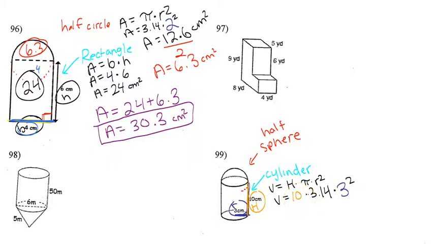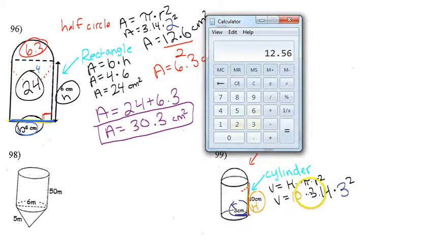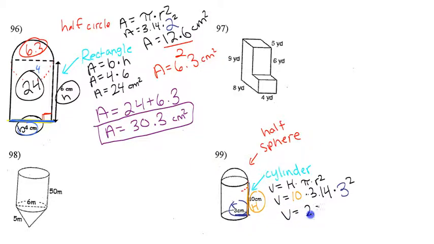So I have this formula. I just need to plug it into a calculator to solve. 10 times 3.14 times my radius of 3, and it's squared, so I'll multiply 3 again. 282.6, so the volume of this is 282.6.